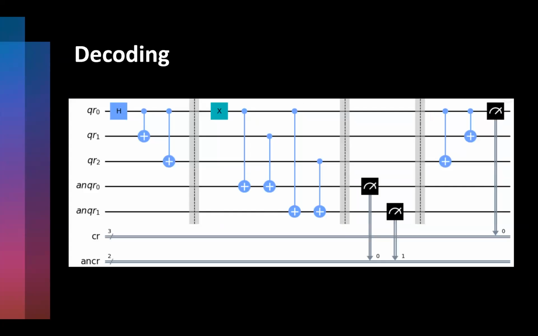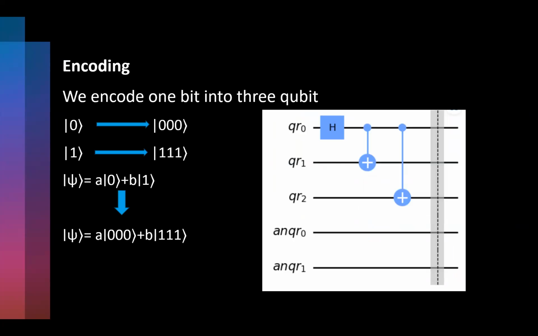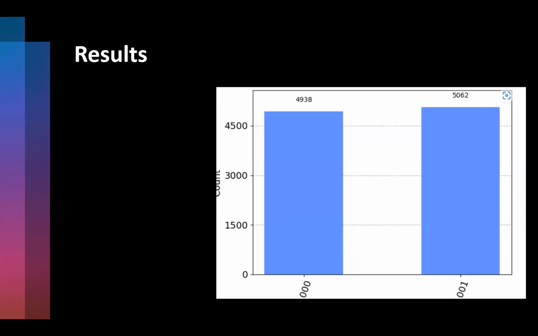Originally we transmitted only 0 and 1 by applying a Hadamard gate, which has 50-50 probability. This result also has errors because we didn't consider phase flip errors and other errors.